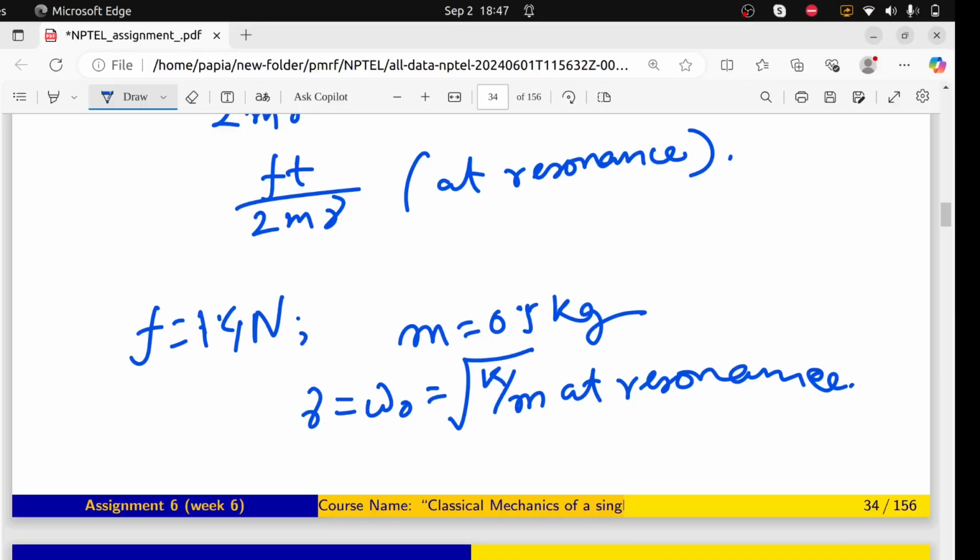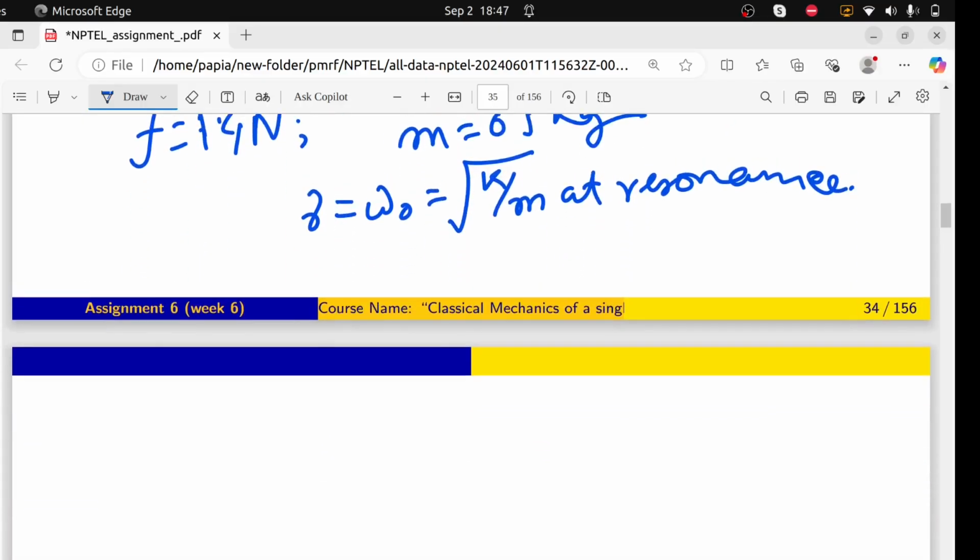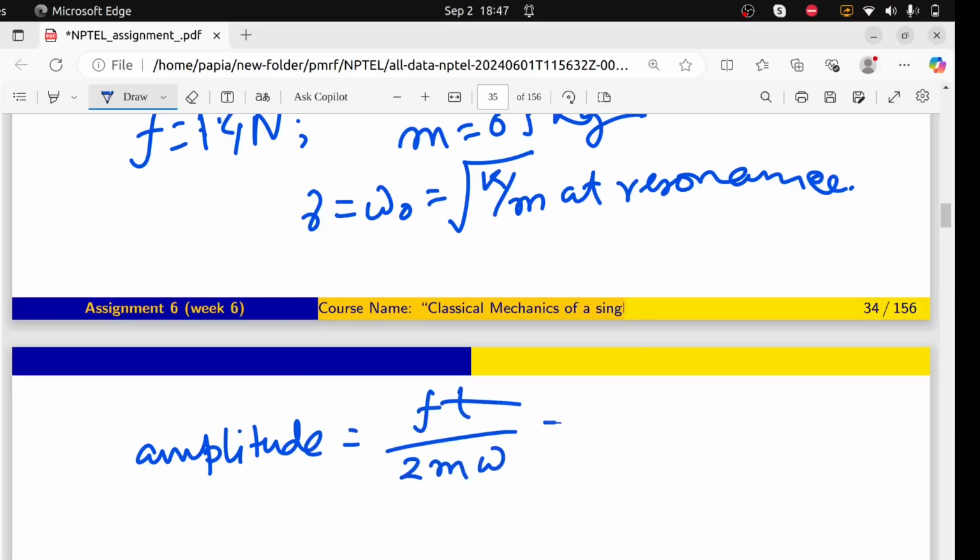So I can write here gamma as root over k by m. So the amplitude is ft by 2m omega 0, or ft by 2m gamma.